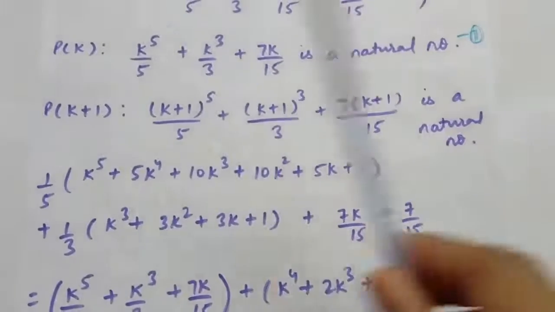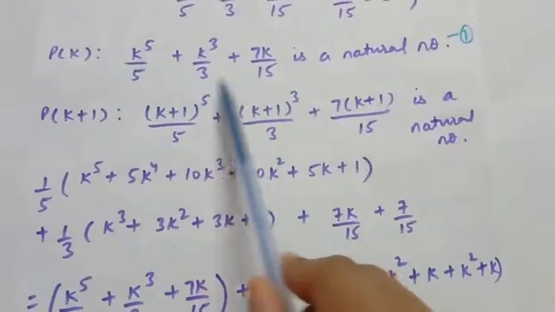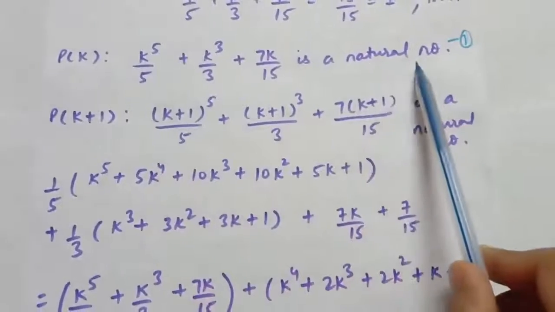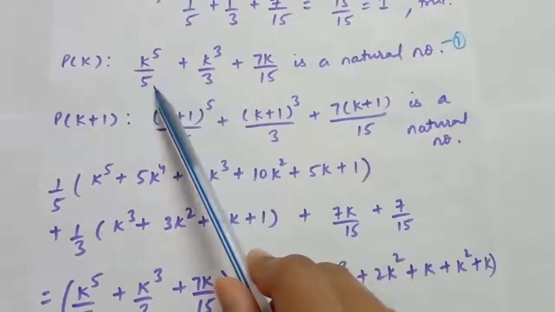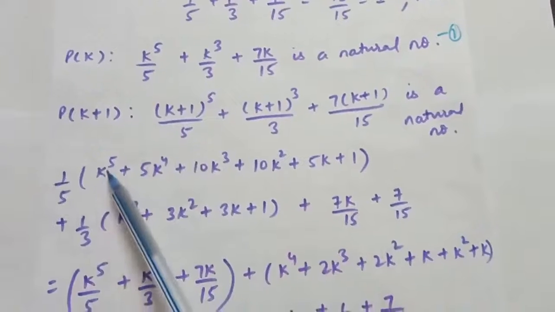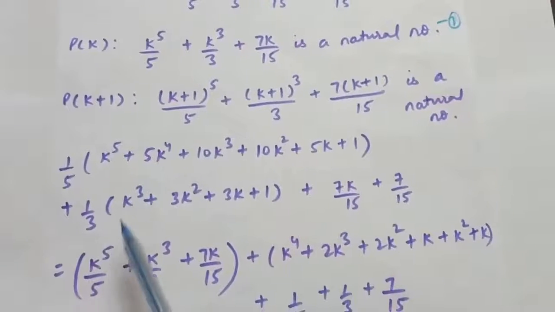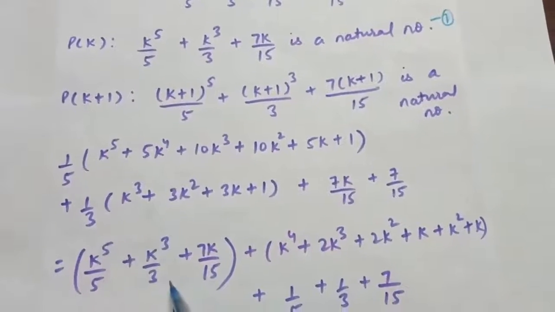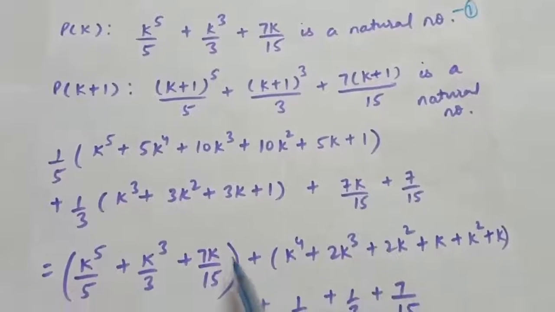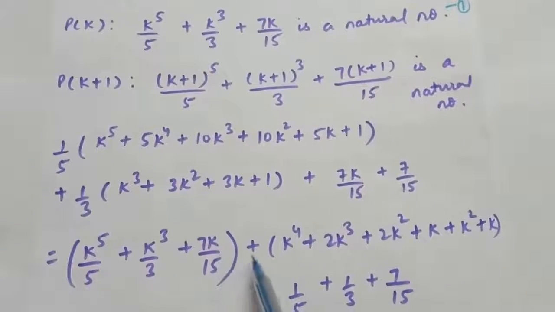Now see, we have assumed the sum of these terms is a natural number, right? So take out these three terms separately: k raised to the power 5 upon 5 plus k cube upon 3 plus 7k upon 15, right?